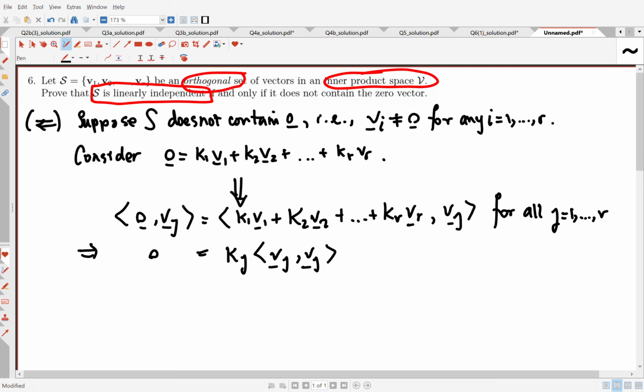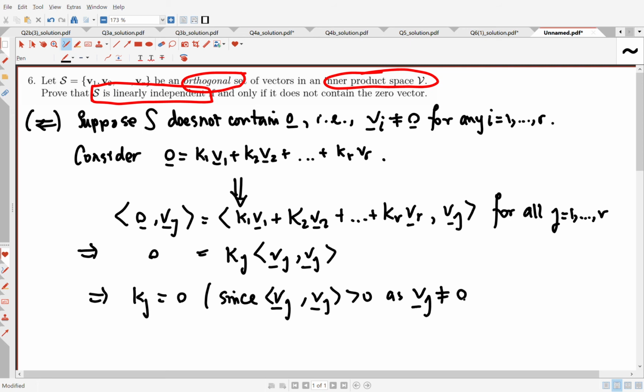And this implies my kj is equal to 0, since the inner product of vj and vj must be positive, as vj is not the 0 vector. And this works for all j.